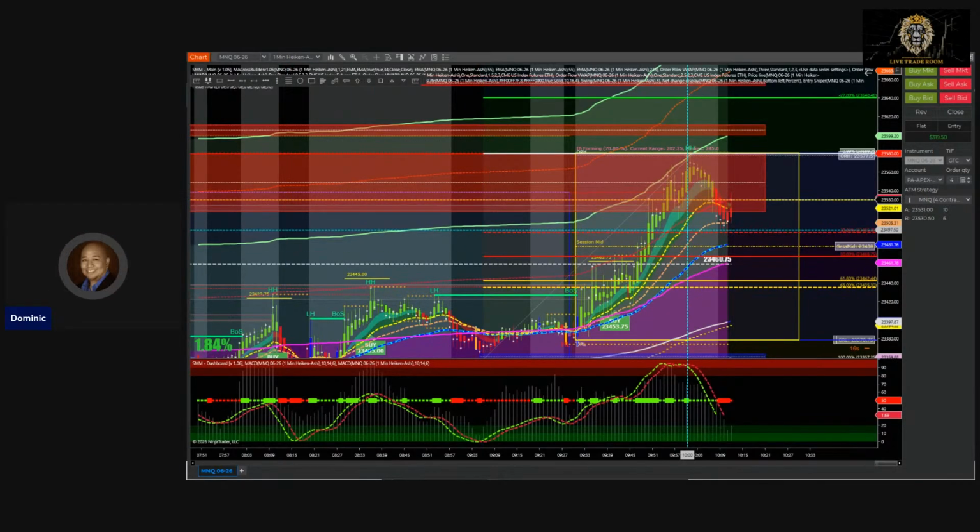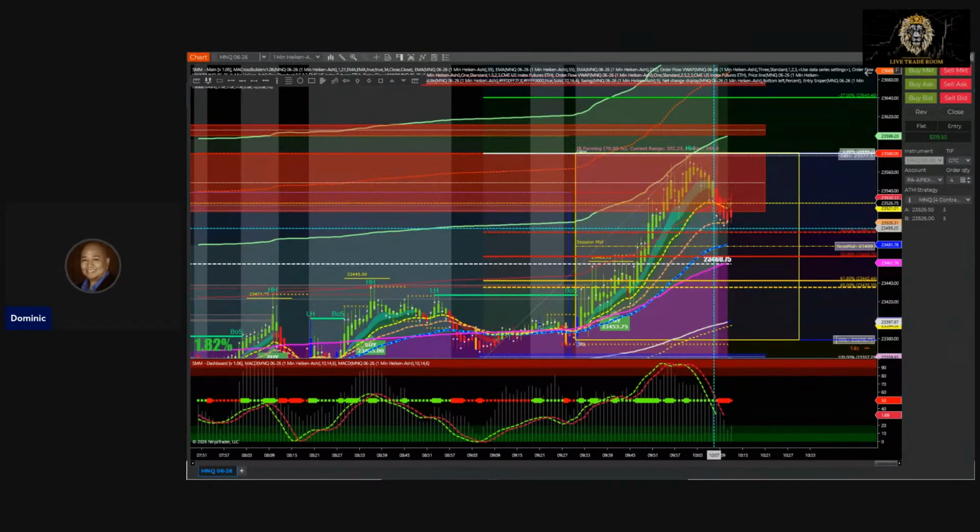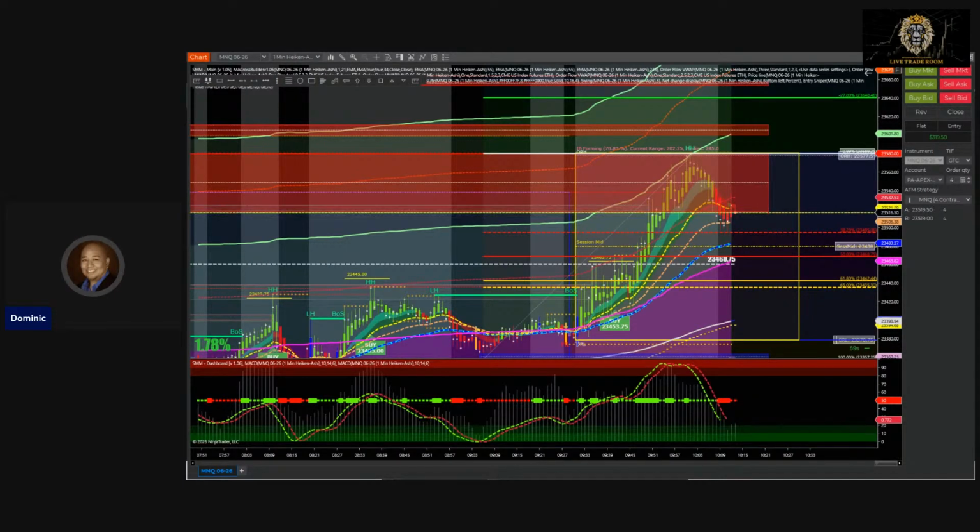So here we're seeing the bounce right here from the 34 EMA. And just want to make sure that we got everything here. I'm also looking at the 2-minute chart on WealthCharts, right?